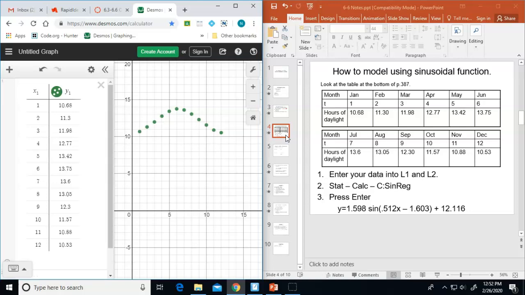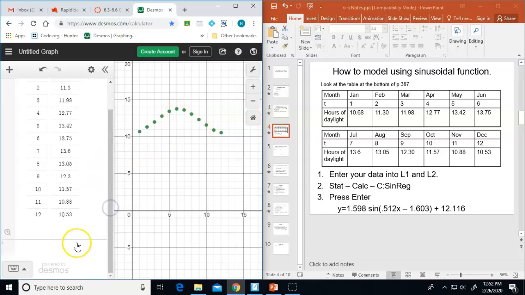It looks like everybody's getting that to work. Any troubles? Everything working for everybody? You may have to change your zoom over here to see your graph, depending on what your graph looks like.